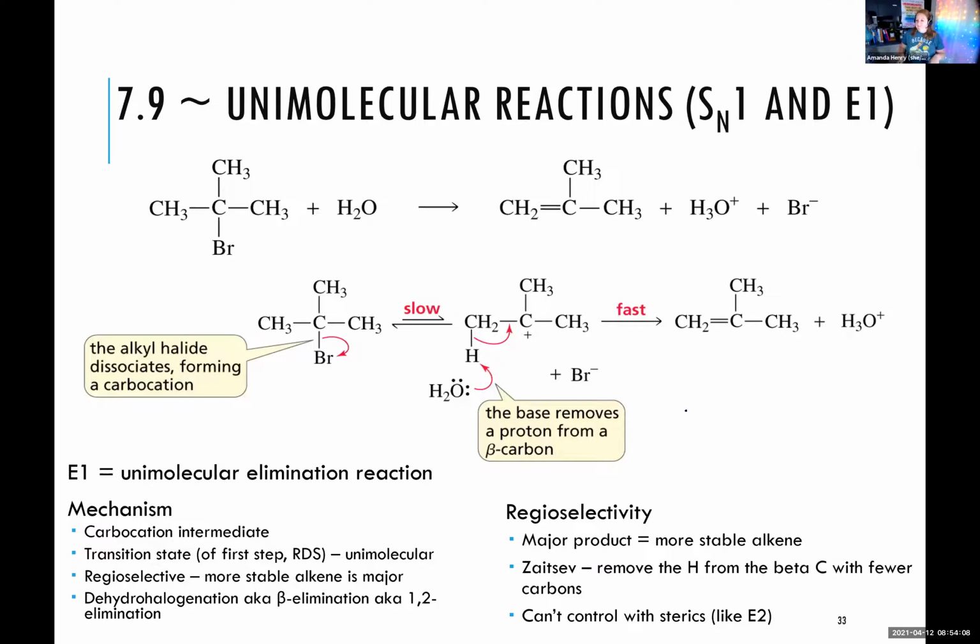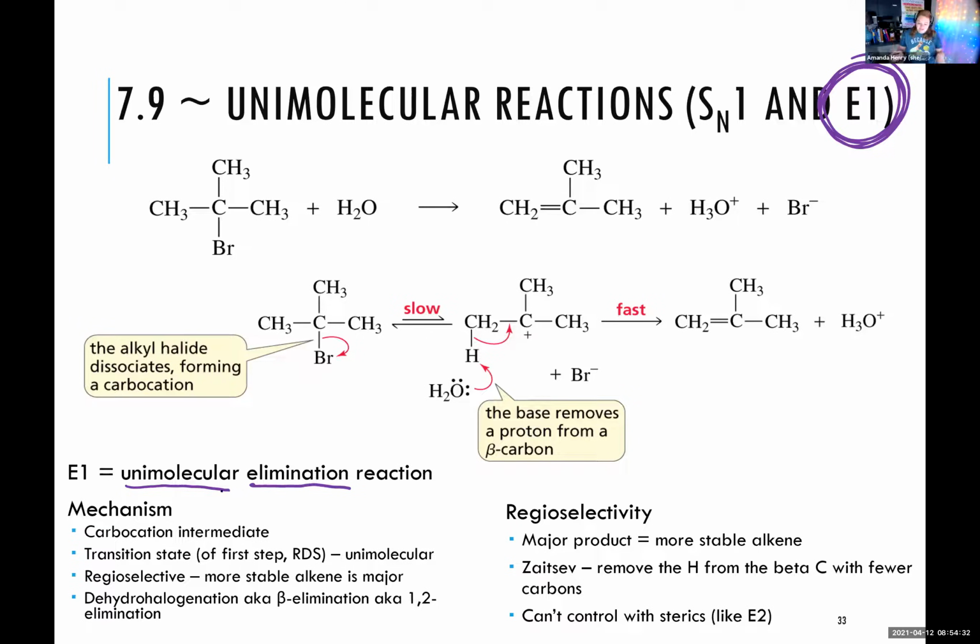Okay, E1. E1, the E is elimination, the 1 is unimolecular. So we learned Sn2 and E2 together, and we're learning Sn1 and E1 together. And so for E1, the 1 is telling us that only one thing is going to happen at a time.